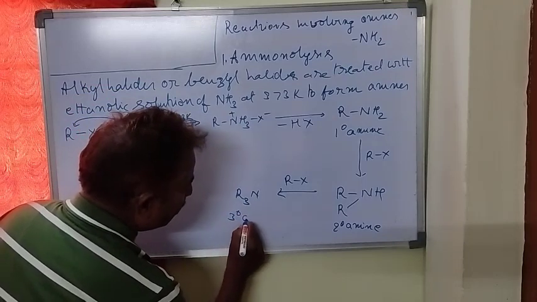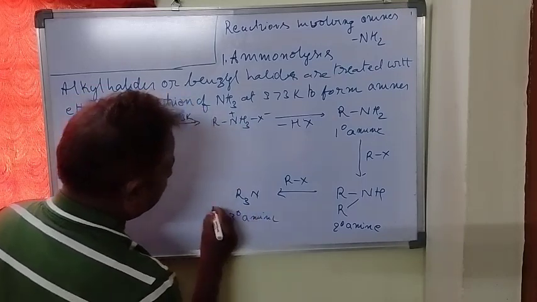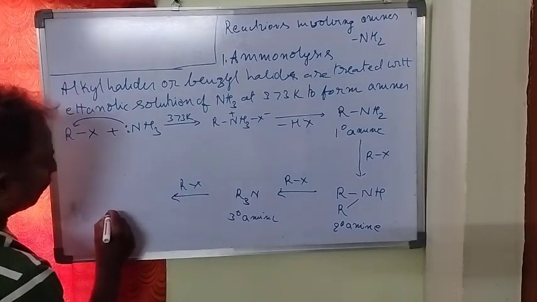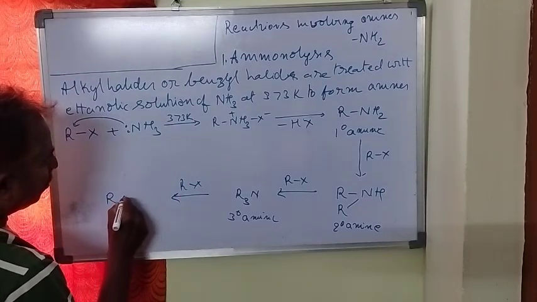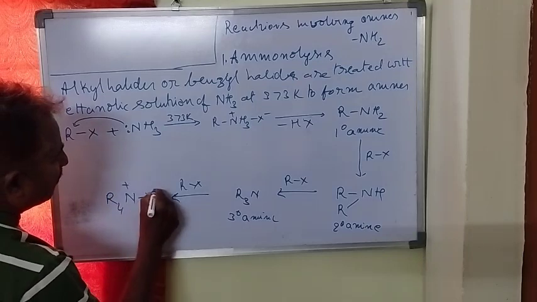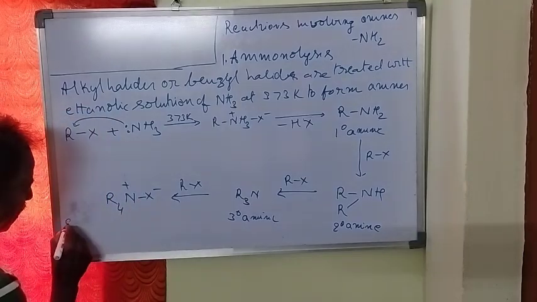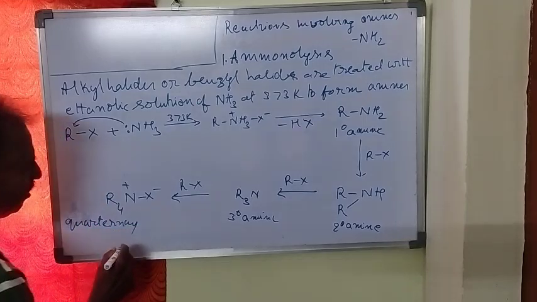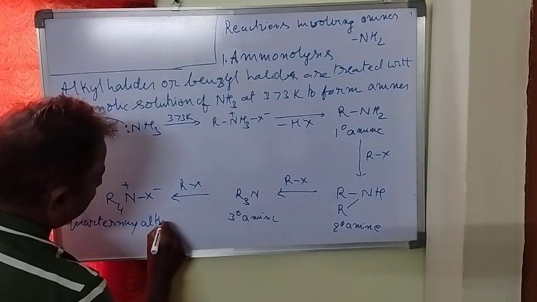This is a tertiary amine. This on treatment with still excess of RX, we get R4N plus X minus. This is a quaternary alkyl halide.